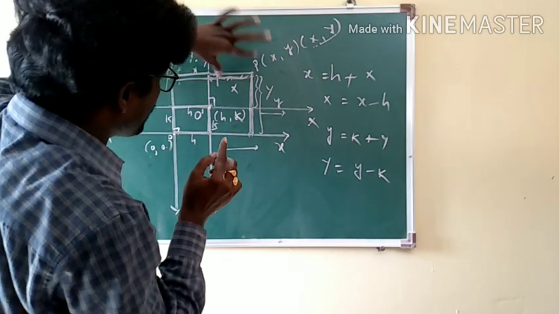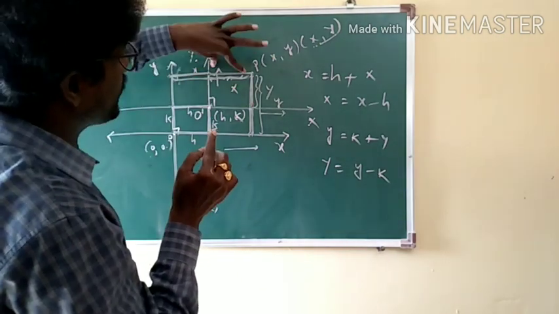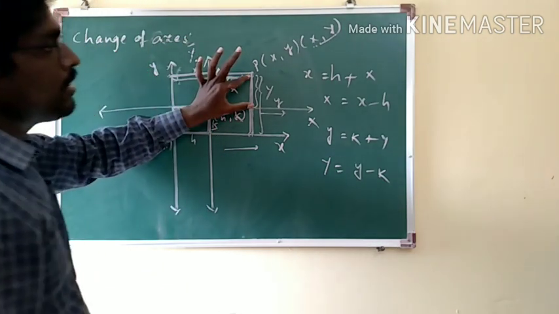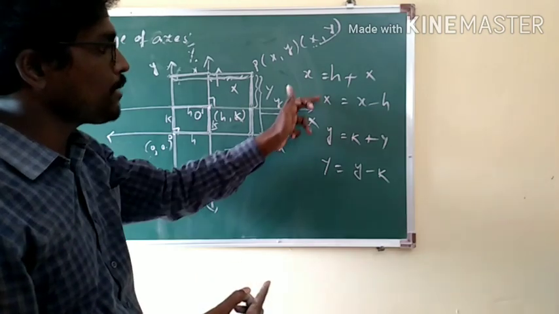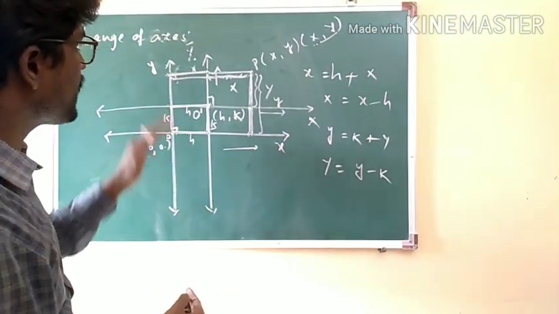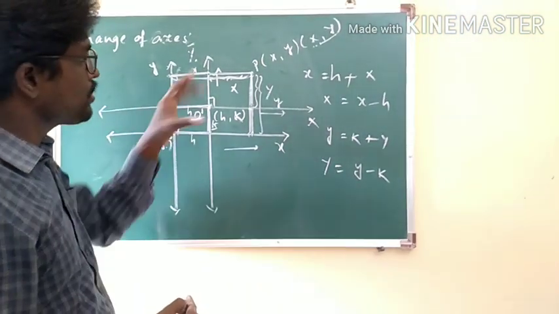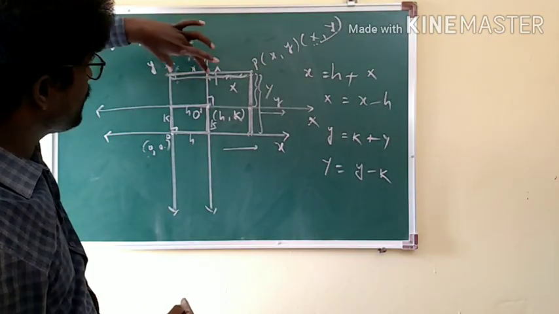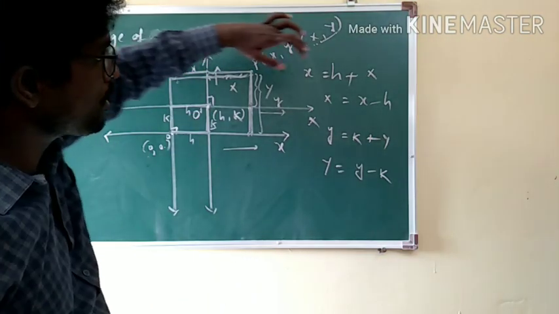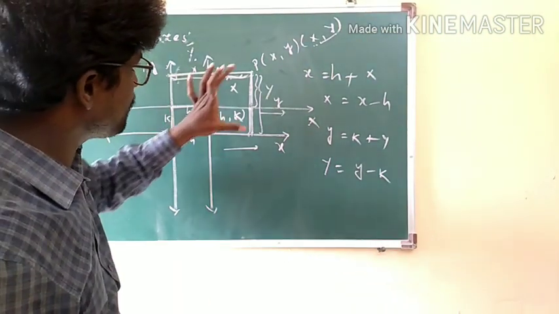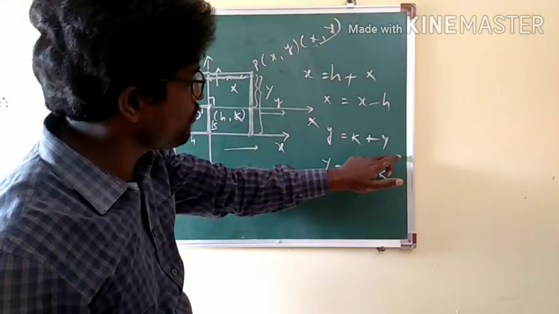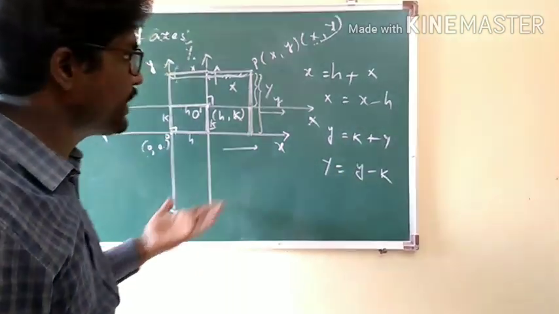This is capital X and this is capital Y. Capital X and capital Y are the coordinates with respect to the new axis. So to calculate capital X and capital Y, we are taking the lengths. Small x is expressed as h plus capital X. Therefore, capital X is equal to x minus h. And small y is equal to k plus capital Y. Therefore, capital Y is equal to y minus k.